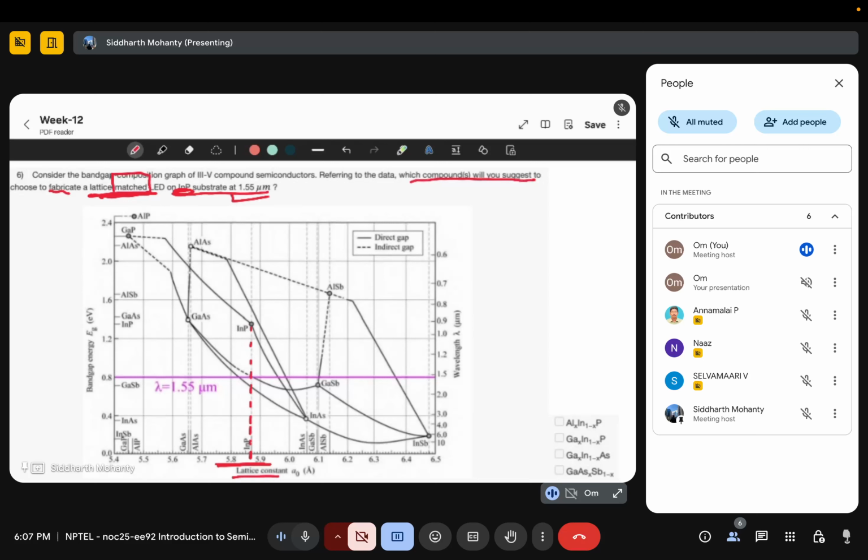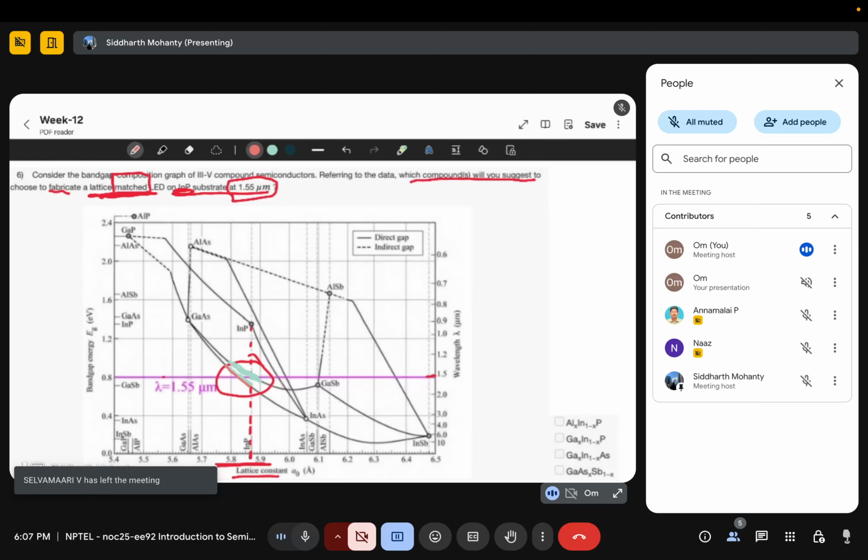Next is the wavelength, given as 1.55 micrometer, which is this already highlighted line. Now we just have to see where these two intersect within this area, this line and this line, right? So this one is GaAsIn, and this one is for GaAsSb.